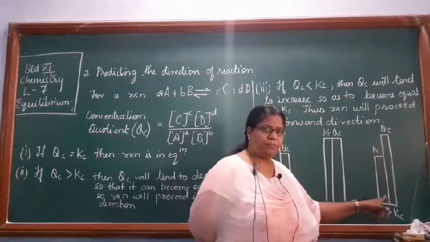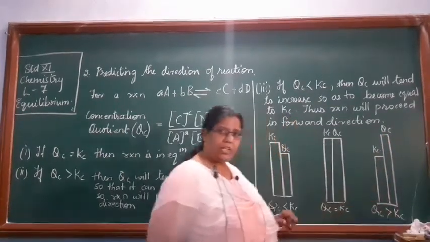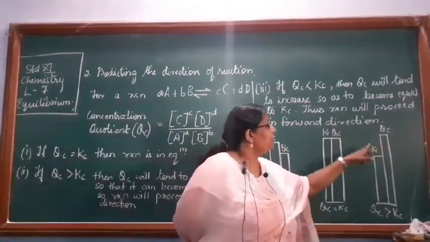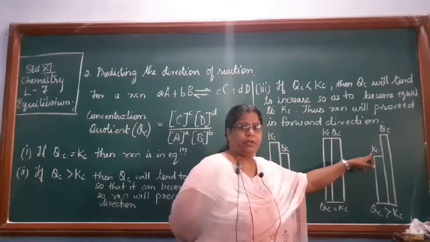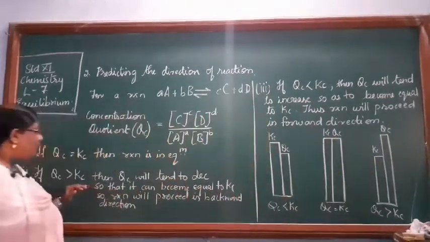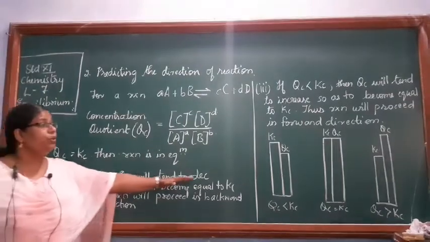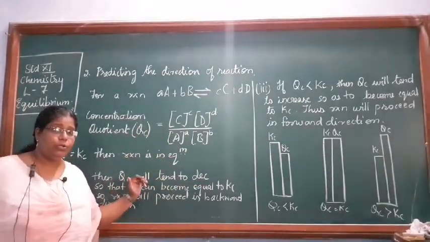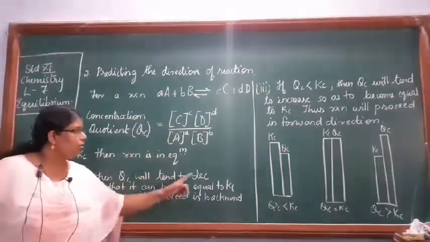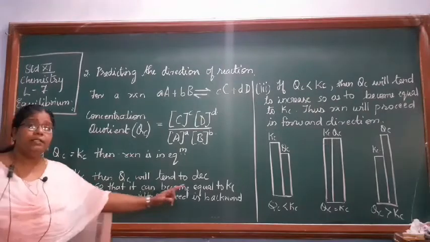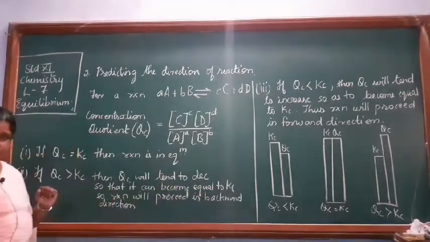In that case, what will happen? QC will try to become equal to KC. So QC will tend to decrease, because to make it equal to KC, it has to reduce.